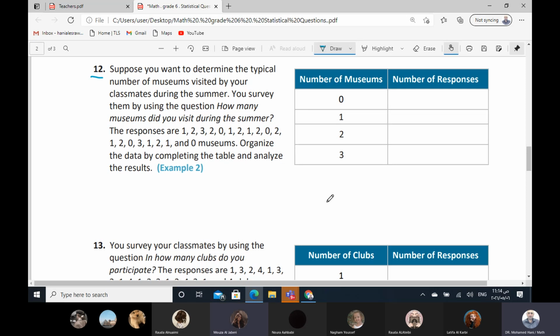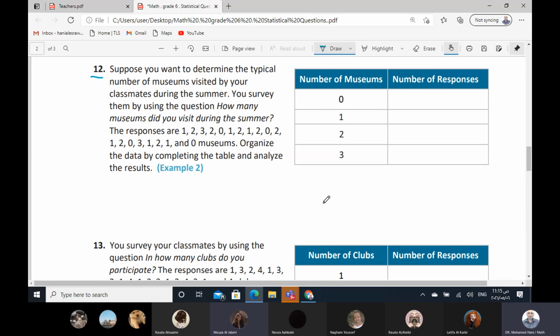Suppose you want to determine the typical number of museums visited by your classmates during the summer. You survey them by using the question, how many museums did you visit during the summer?